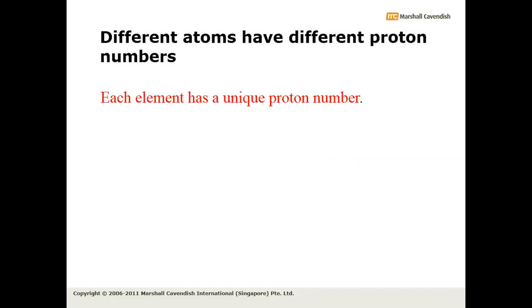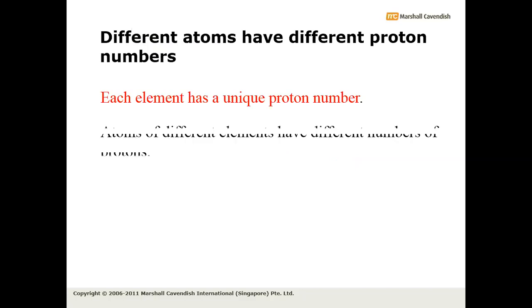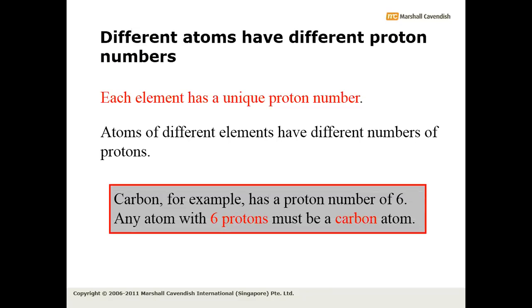Different atoms have different proton numbers. Each element has a unique proton number, and that makes the identity of an element. No two elements have the same proton number. For example, carbon has 6 protons, and any atom which has 6 protons will be an atom of the element carbon. It cannot be oxygen or sulfur or iron or copper.